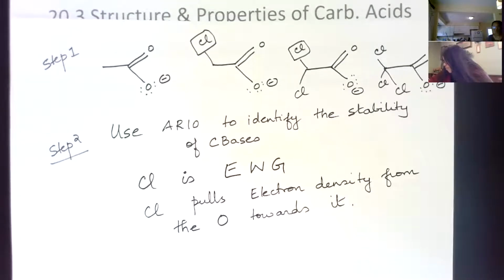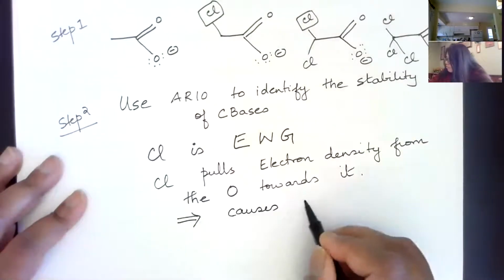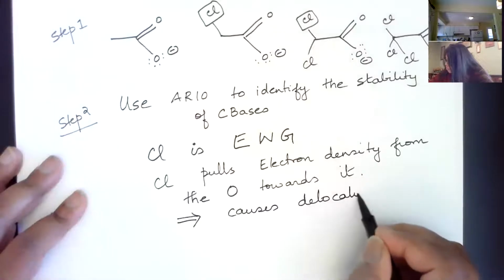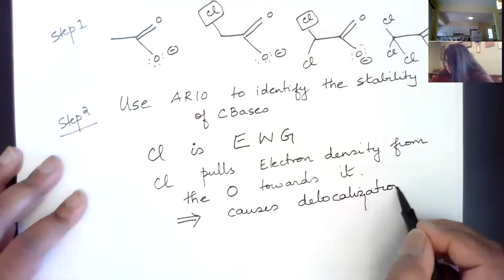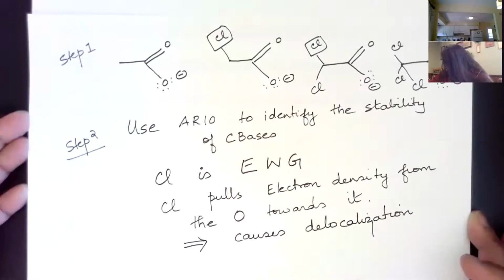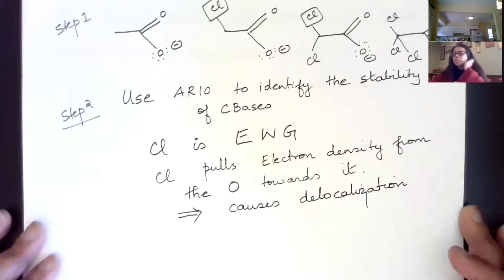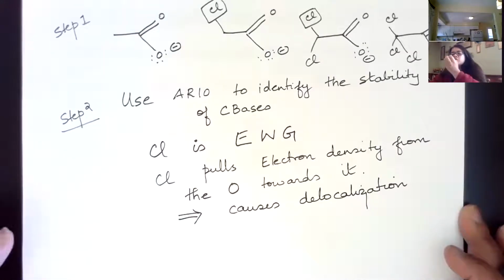So this causes delocalization. So then the question is, is stability increased or decreased? Well, I guess it would be increased because the more stable the base is, the more acidic the acid is.